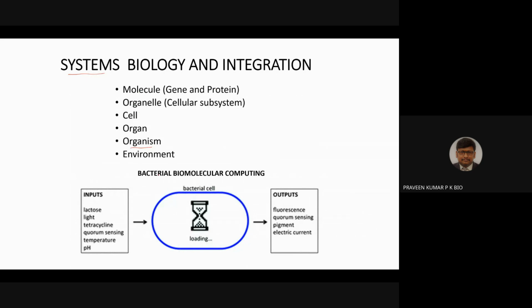In bacterial biomolecular computing, here I am using a bacterial cell. I'm taking this bacterial cell as the system. In this system, first of all, you have software like AutoCAD. You simply drag and put it in that kind of window.